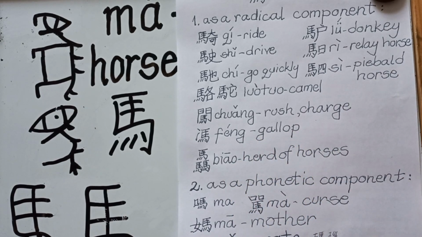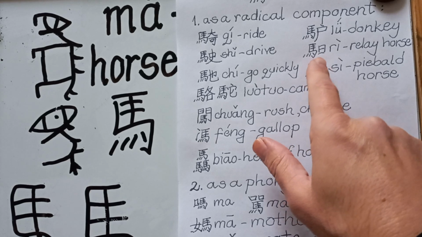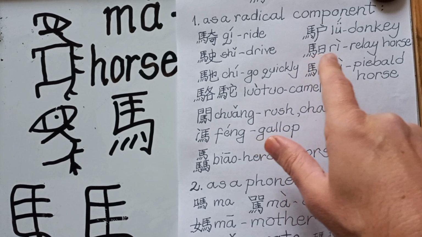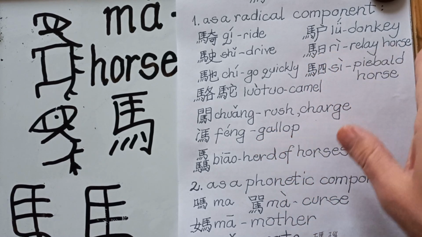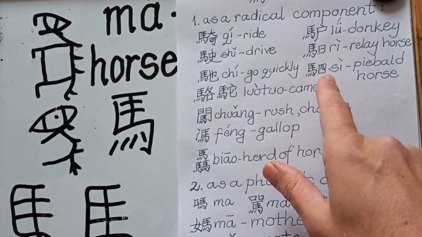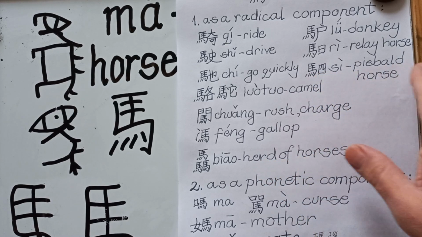And then when we talk about the types of horses, we say, for instance, as in the case of a relay horse, or si when we refer to a piebald horse.